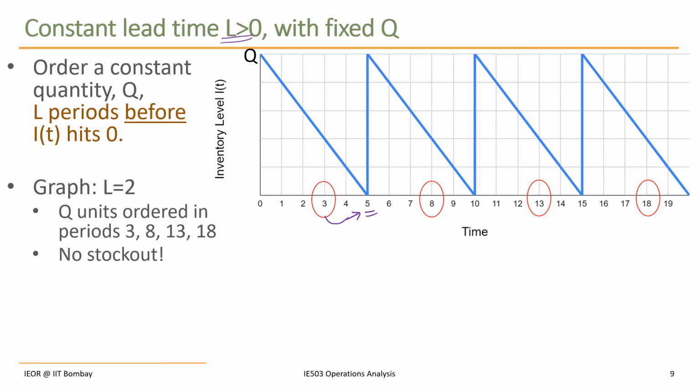We order Q units in time period 3, 8, 13 and 18, which get delivered 2 periods later, so that they arrive just as your inventory goes to 0. Thus we can avoid stock out. Stock out means a scenario where a demand occurs but you don't have material in your inventory to fulfill it.